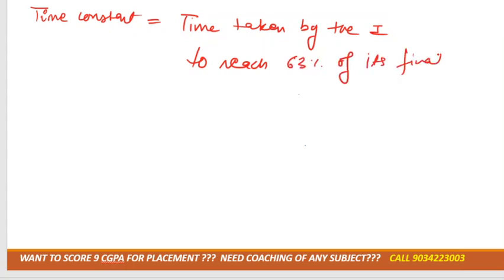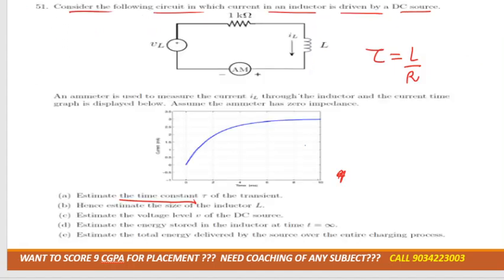There is a fixed 63. So according to this, the final value it reaches is around 3 milliampere. If you calculate the 63% of 3 milliampere, then how much it would be?